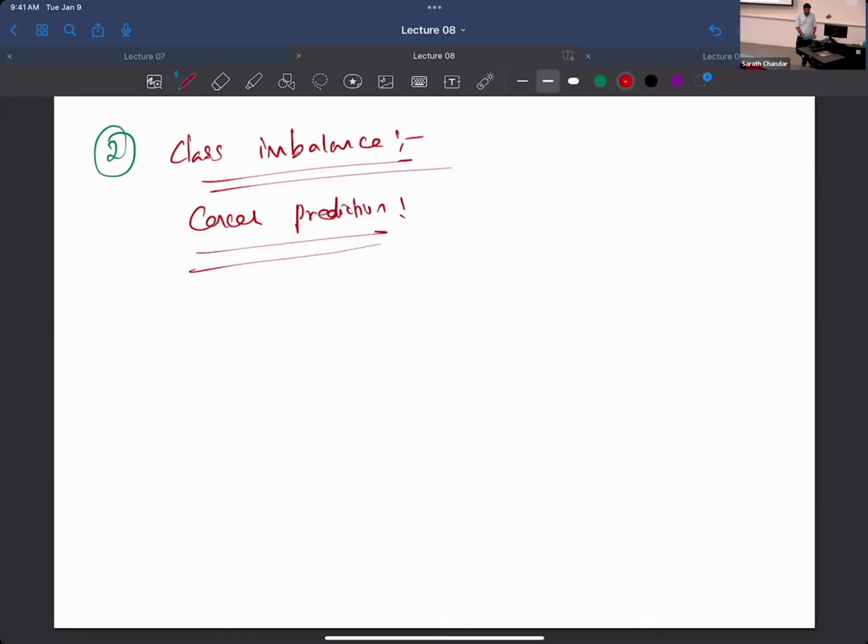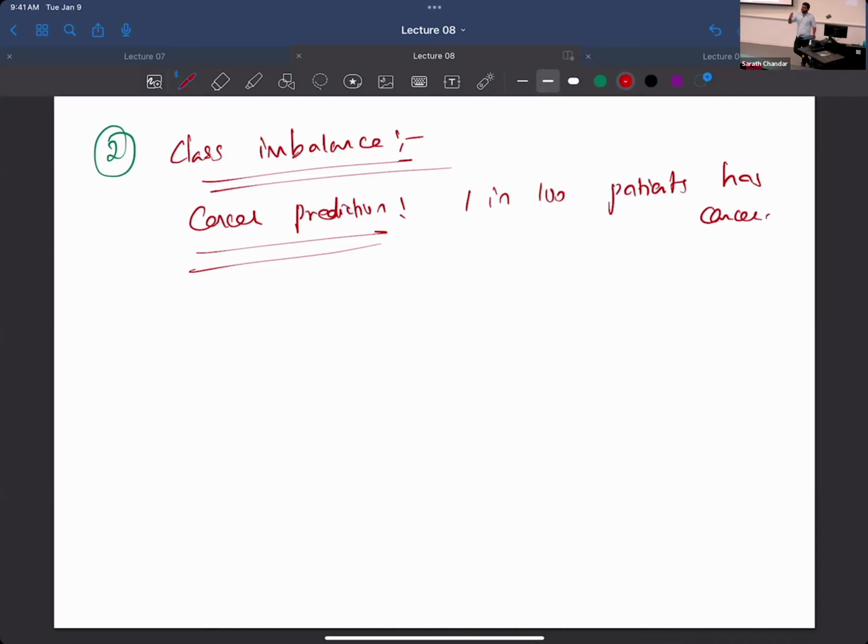The problem with cancer prediction is your data is going to have a lot of no cancer and very few cancers. For example, let's say 1 in 100 patients has cancer, which means 99 data points are for no cancer and 1 data point for cancer.